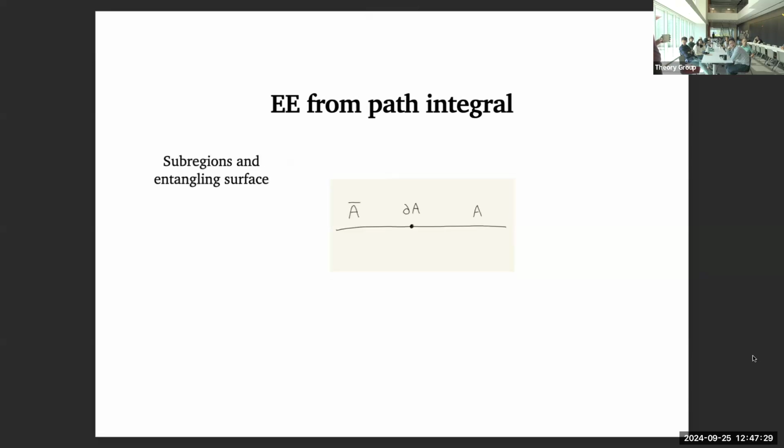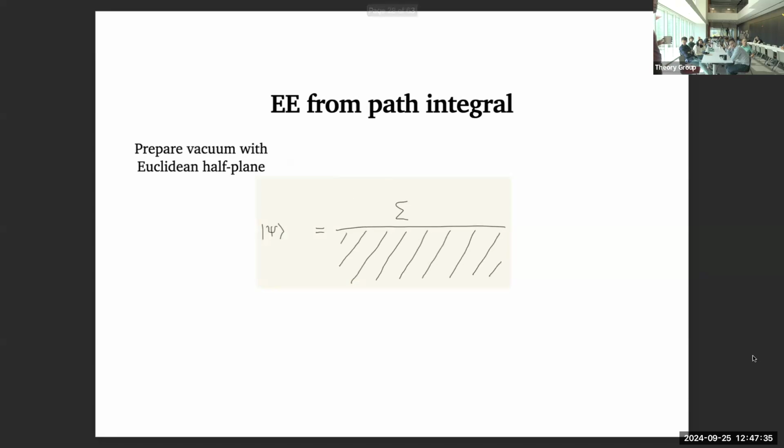So split it into A and A bar, the complement, and you've got the interface ∂A, and the global vacuum state can be prepared with the Euclidean path integral on the lower half space.